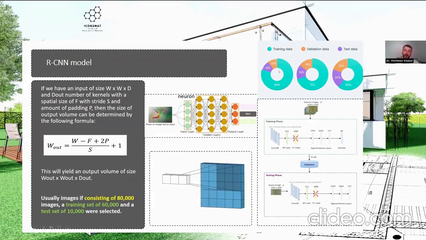As I showed here, we have a validation data set, a test data set, and a training data set. In the training data set, you need a large amount of images, for example 80%, sometimes 70%, sometimes 60%. For validation data and test data you need less, and most of the time they should be equal.